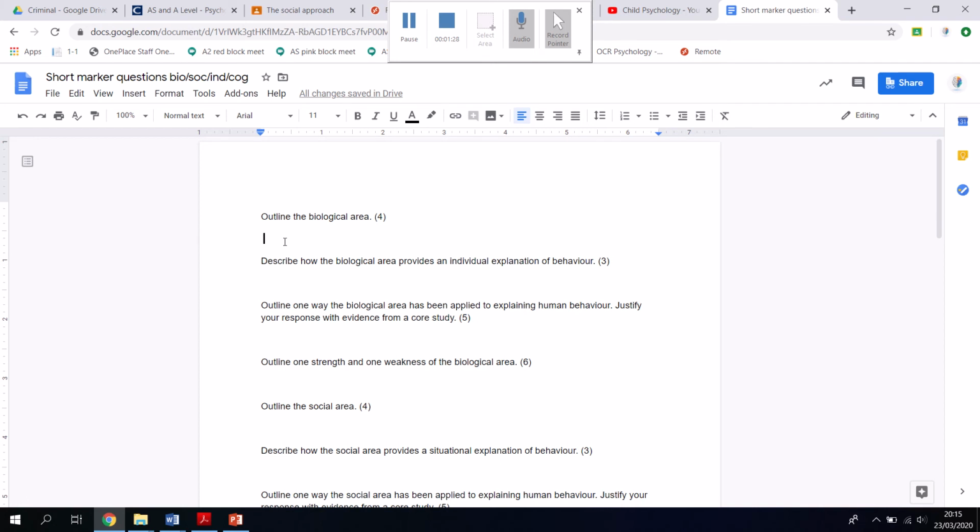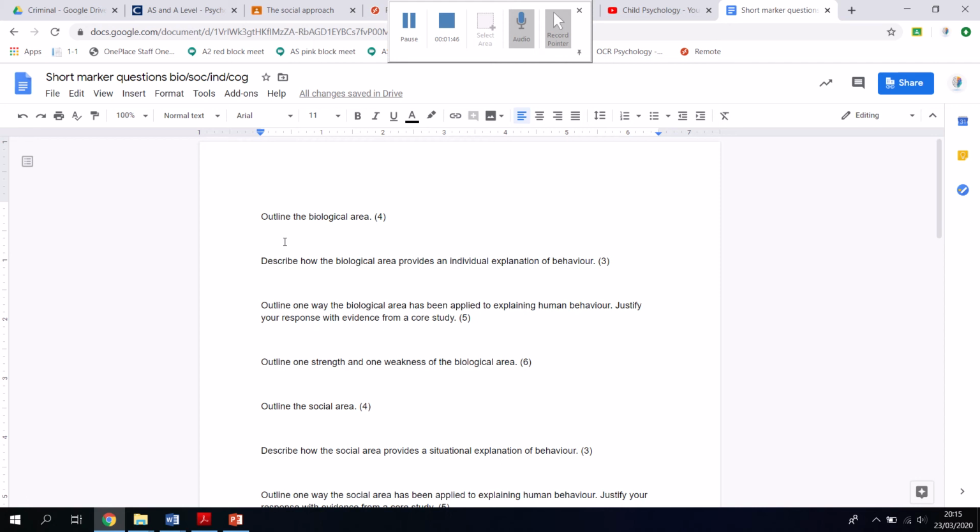Similarly, they could ask you to outline one core belief or one concept in the biological area, or 2 core beliefs or 2 concepts, and by them they mean the assumptions, basically. So, outline the biological area for 4 marks.